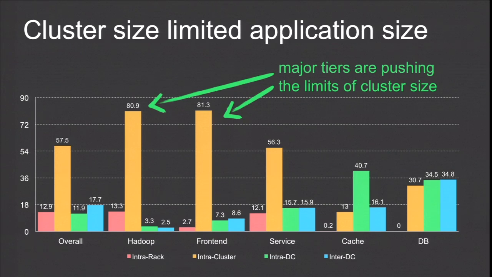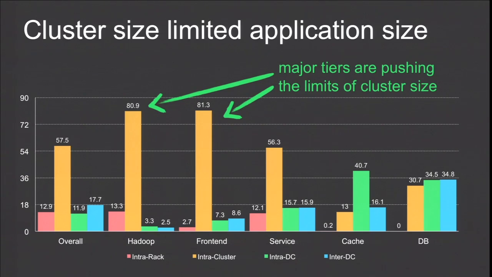A lot of people think that traffic is actually inside the rack. In our environment, traffic is not actually inside the rack. So we've just represented a few different services. And even if you look at the overall, the majority of the traffic actually wants to go rack to rack. So what that means is that cluster size becomes an interesting conversation for us.